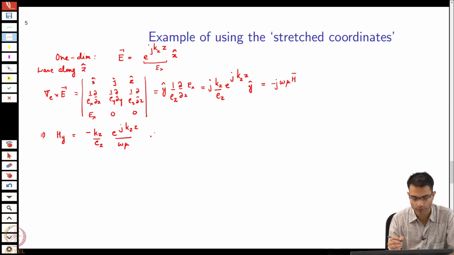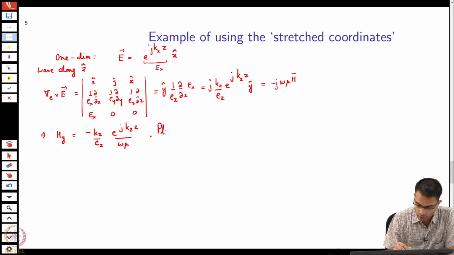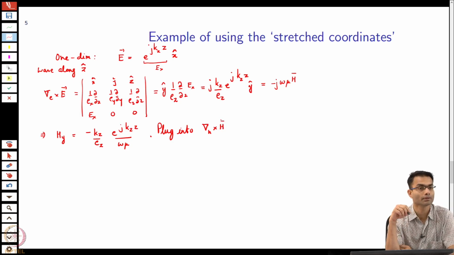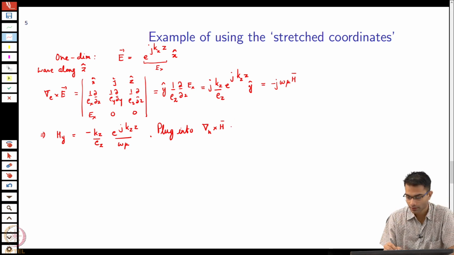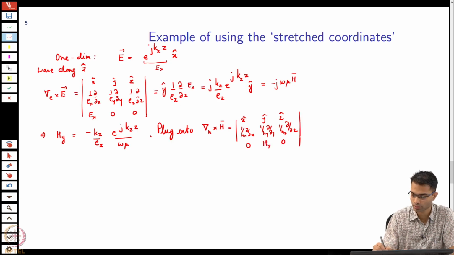Then what should I do? If I want one more relation, I need to use the second Maxwell's equation, right. So, I need to plug this into, this is where I will get now a relation between the small e's and the small h's when I use this relation. Okay. So, again x hat, y hat, z hat, right, 1 by hx, 1 by hy, 1 by hz, and what components do I have? 0, hy, 0.